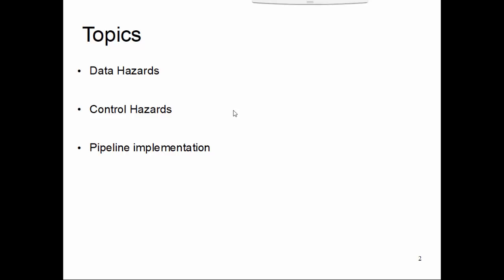If you are more interested, I hope our master's level course, 247, picks up this pipeline implementation area and discusses it in more detail. You might want to pick that up.